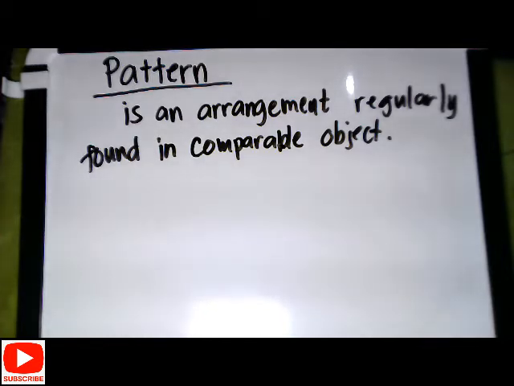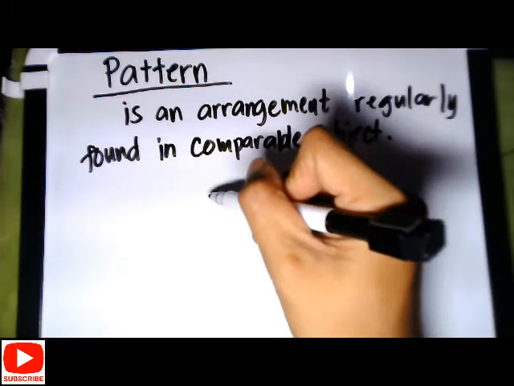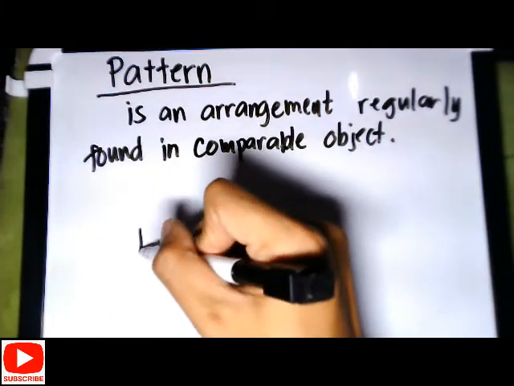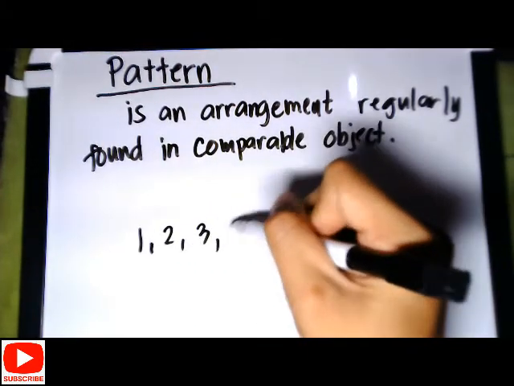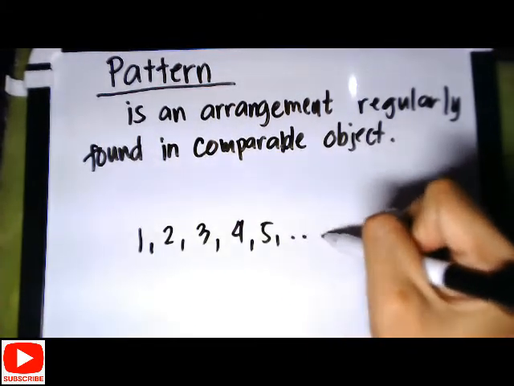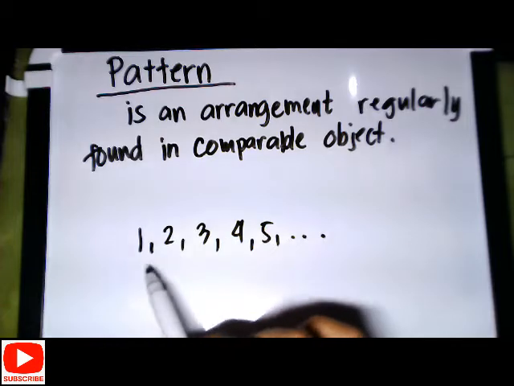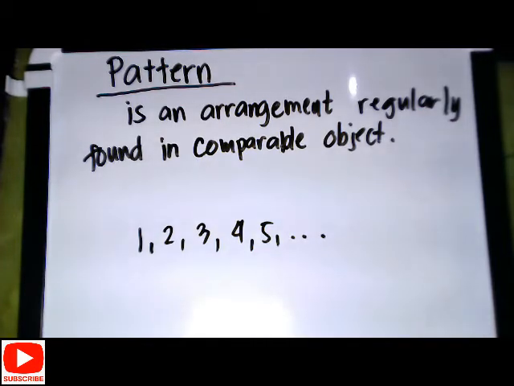So that is why the rule is n. In every term of the sequence, like 1, 2, 3, 4, 5, and so on, there is a certain pattern, or there is a certain rule.